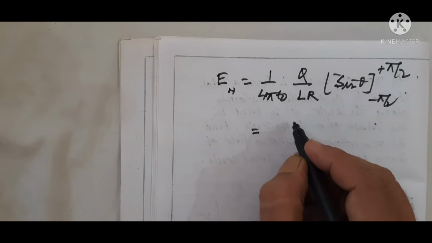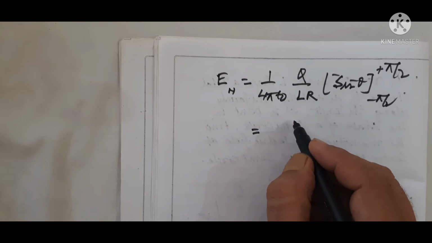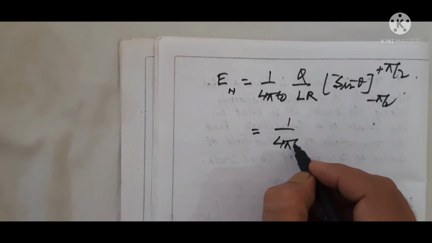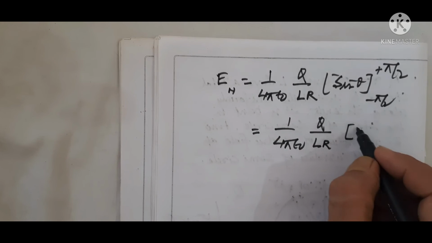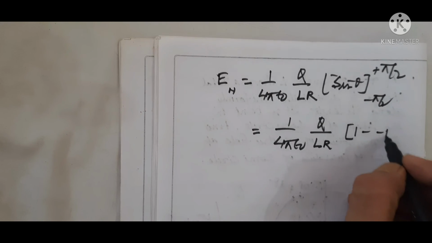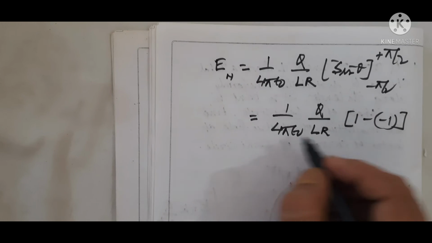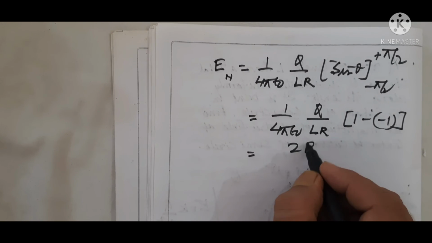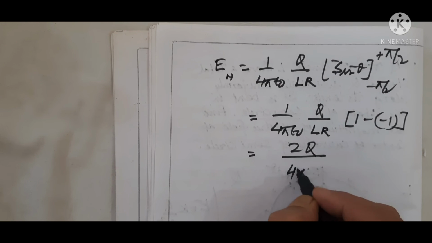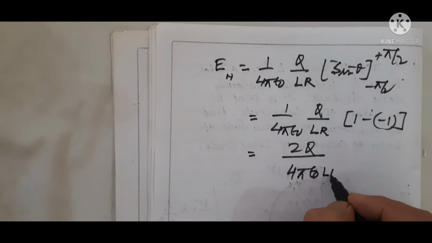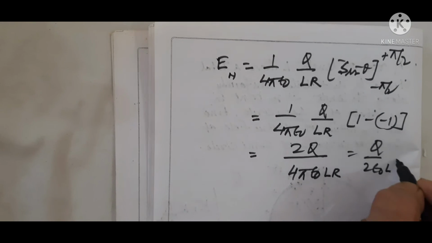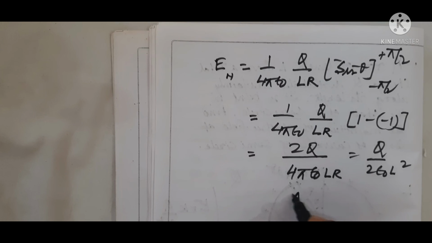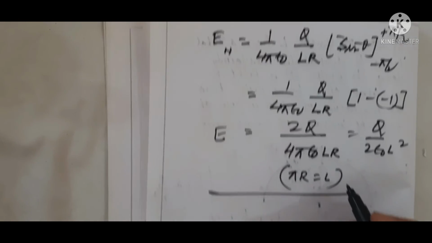If you are calculating, you will get 1 by 4 pi epsilon naught q by L r, 1 minus minus 1, and that will be twice q by 4 pi epsilon naught L r, which is equal to q by 2 epsilon naught L square. How does it come? We know pi into r is equal to L, half of the circumference. That is your electric field intensity.